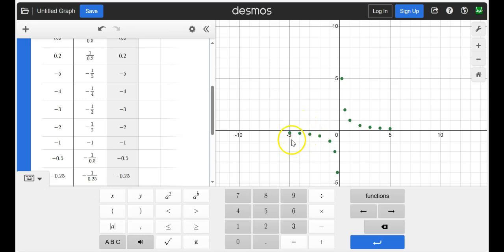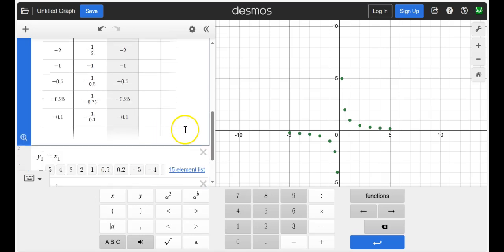Not always, but oftentimes. Now, a few things. Notice that this graph is coming closer and closer and closer to the x and y axes, but will never ever cross it. Remember the restrictions. I can't put in x equal to 0. Look what happens if I put 0 in there.